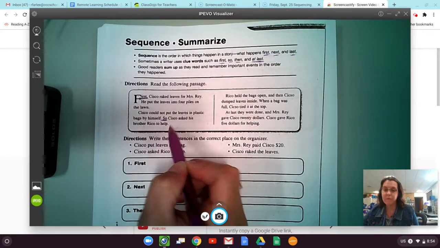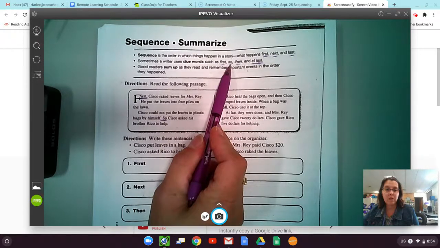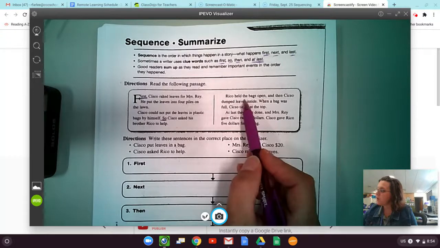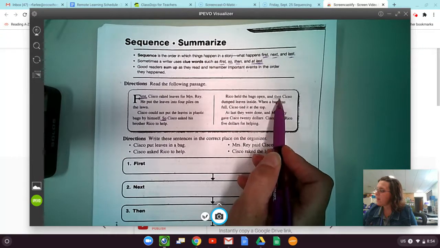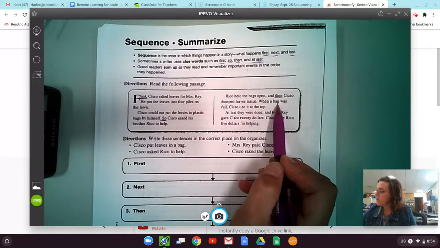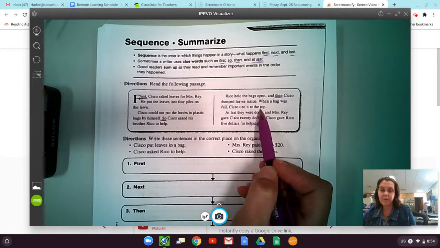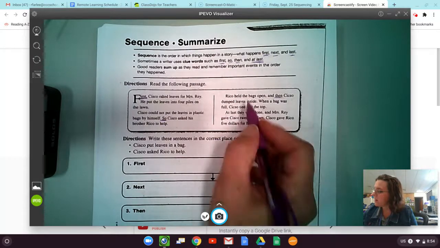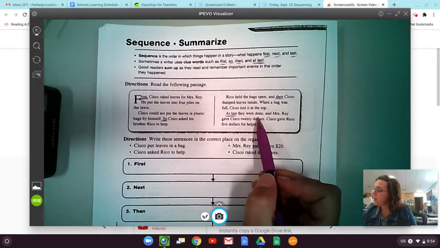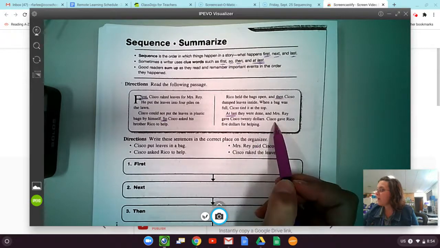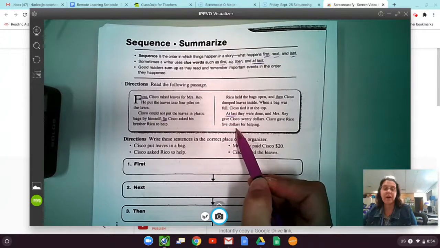We saw that clue word right there. Rico held the bags open, and then Cisco dumped leaves inside. When a bag was full, Cisco tied it at the top. At last, there it is. At last they were done, and Mrs. Ray gave Cisco $20. Cisco gave Rico $5 for helping.